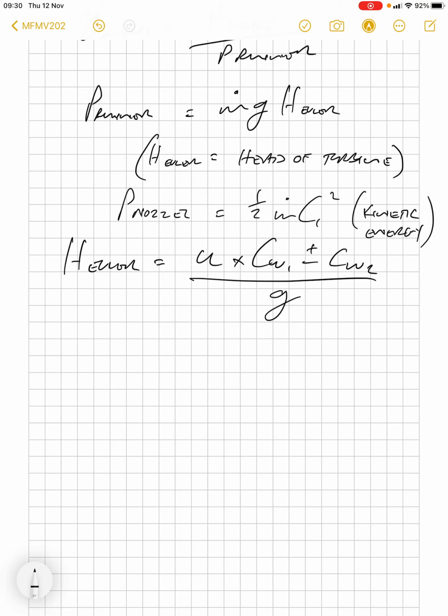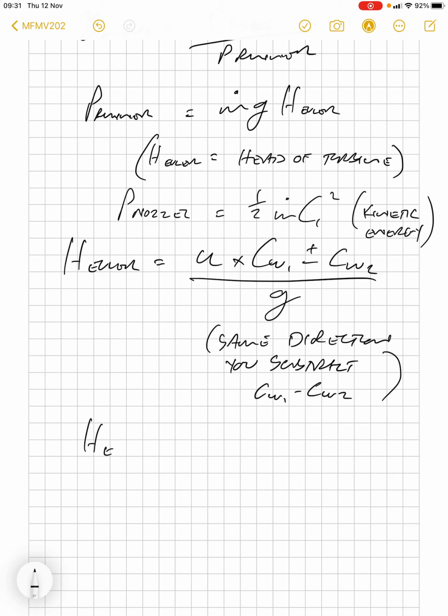So depending on the direction that you calculate them to be on your vector diagram, you either add or subtract them. So if it's the same direction, you subtract, CW1 minus CW2.